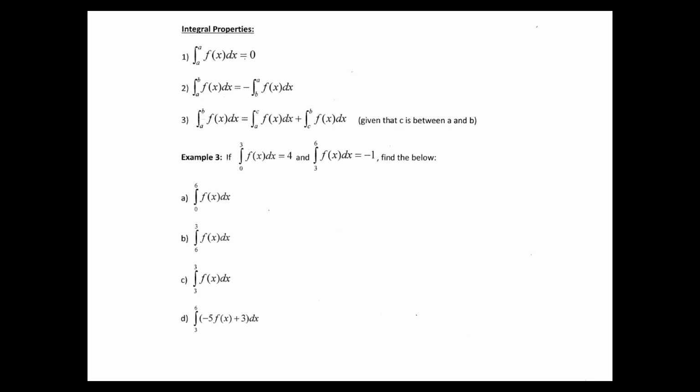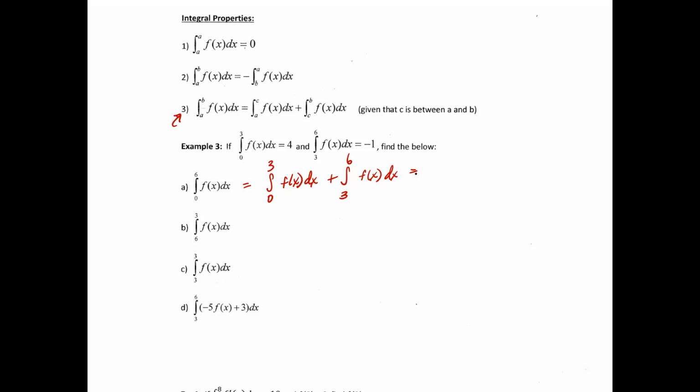All right, let's go ahead and take a look at A here. So for A, it's saying example 3, if the integral from 0 to 3 of f of x dx equals 4, and from 3 to 6, f of x dx equals -1, then find the ones below. Well, for this one, if it's from 0 to 6, I can certainly break this down into the integral from 0 to 3, f of x dx, plus the integral from 3 to 6, f of x dx, which is the third rule.